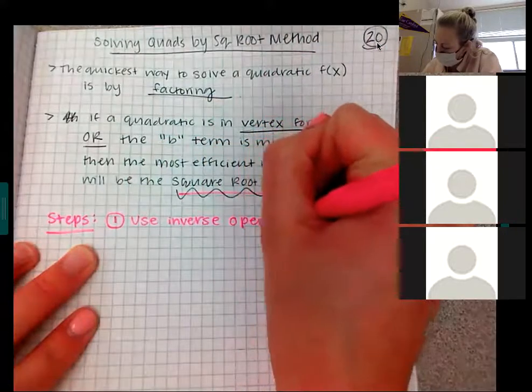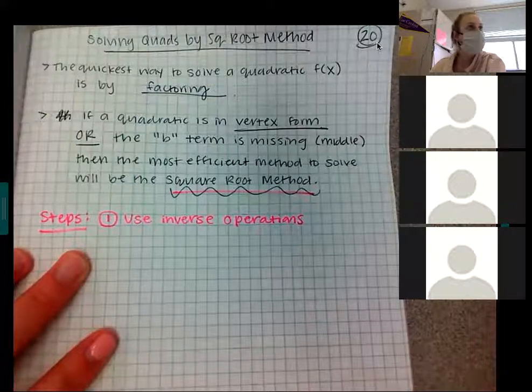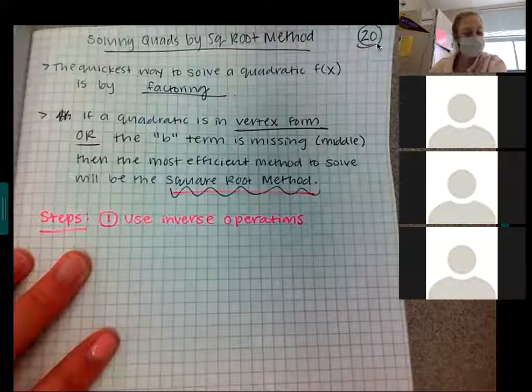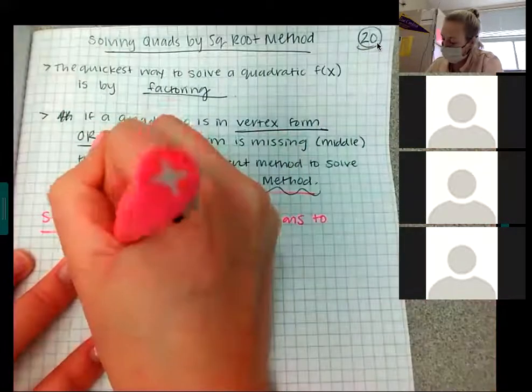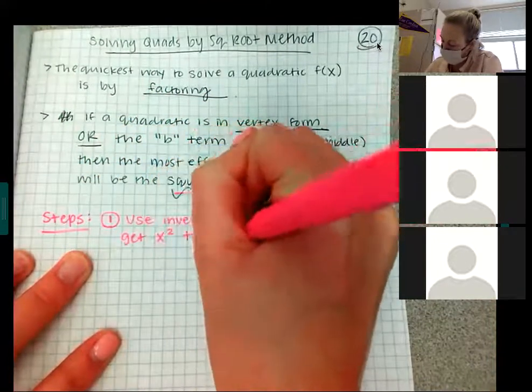We're going to use inverse operations. We know what that means for math 1, right? What's inverse operations mean? Opposite. Good job, Henry. You're getting all the extra credit. Use inverse operations to get the x squared term by itself.